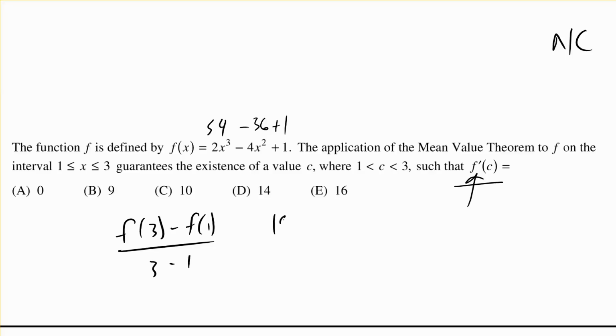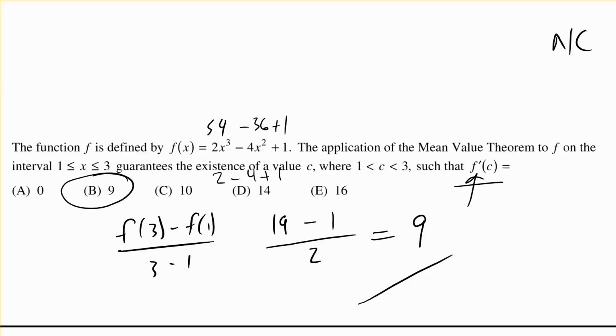I think that's 19 minus f of 1, which would be 2 minus 4 plus 1. 1 over 2. And that equals 9. So the average rate of change is 9. Therefore, because we know this function is continuous and differentiable everywhere, both parts of the mean value theorem apply.